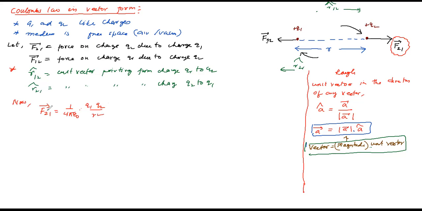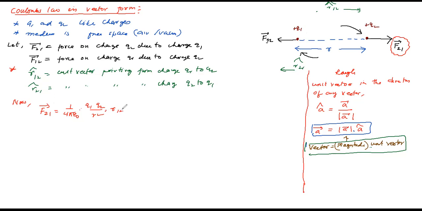Now force is a vector, and this gives the magnitude. But what is the direction of this vector? For that I need to attach one unit vector with it. What is the direction of this F21? You can see it's from Q1 to Q2, and that is denoted by the unit vector r12.